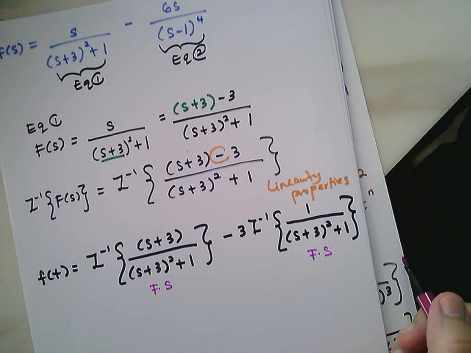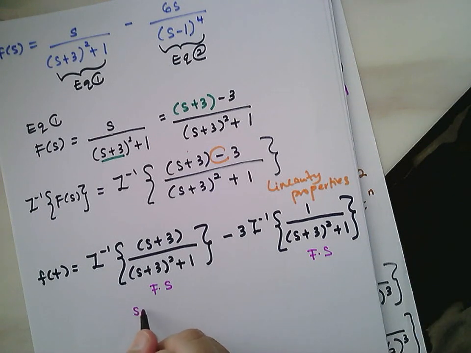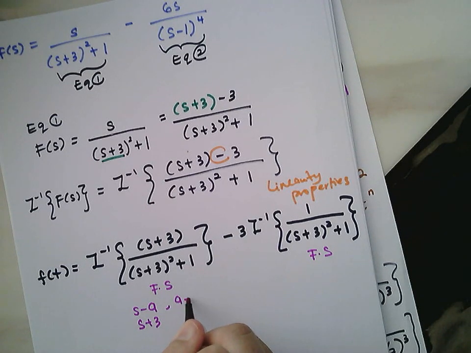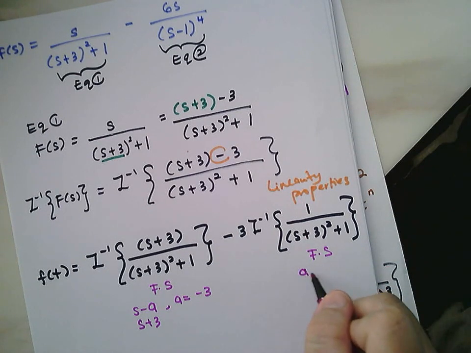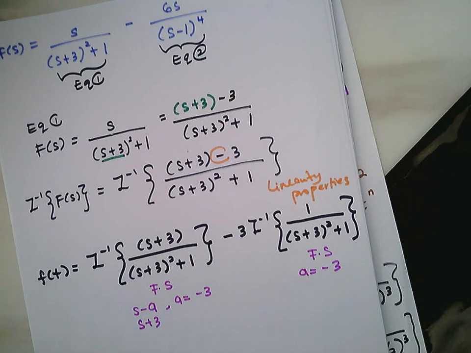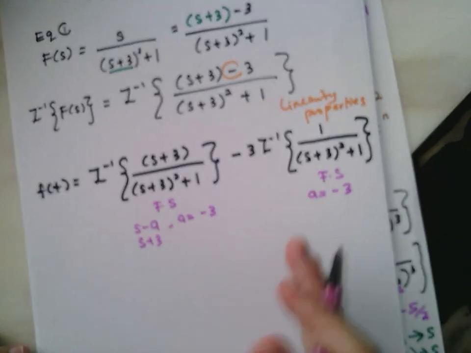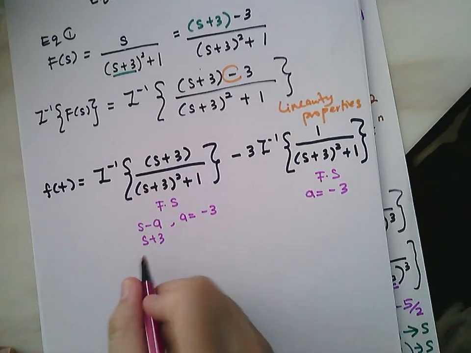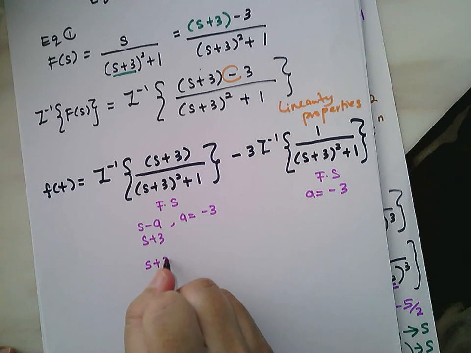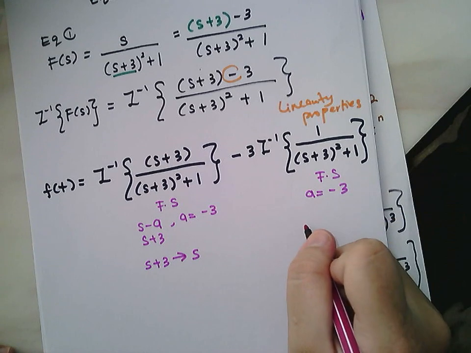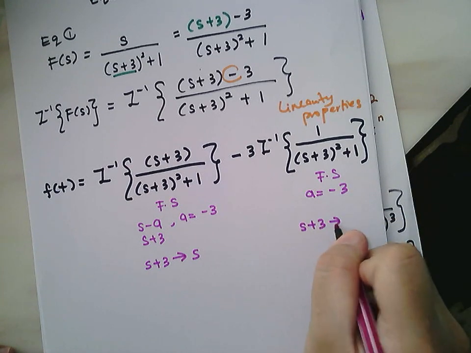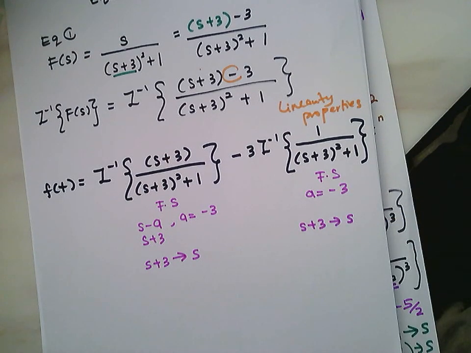So define your a. s minus a, what you have is s plus 3, so you know that your a is equal to negative 3. Same goes for this one, your a is equal to negative 3. When you have the exponential term, you need to replace your s plus 3 with s.